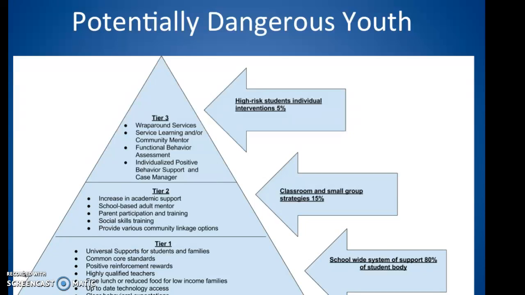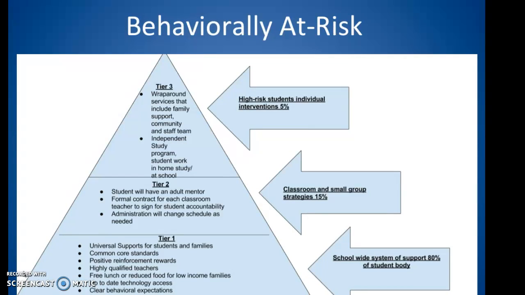Social skills training to show them how they should interact with students and staff, and provide various community linkage options. So maybe they can volunteer at the rec center or in the park or something like that. Tier 3 would be the wraparound services, functional behavior assessment, and individualized positive behavior support in case management.